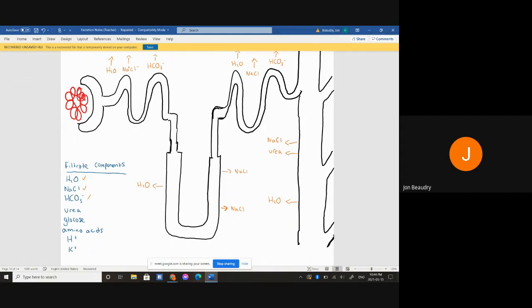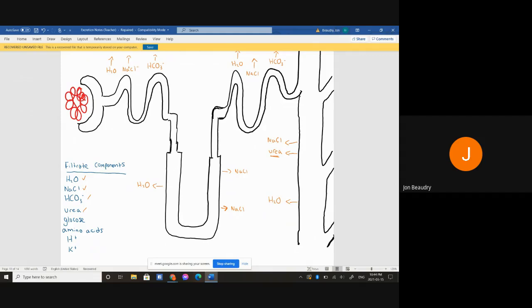So sodium chloride and urea are both getting reabsorbed out of my collecting duct as well. So I can have urea being excreted because it gets secreted back into my nephron from my blood, but there is an instance, as it is right here, where urea gets reabsorbed as well. Okay, urea, perfect.